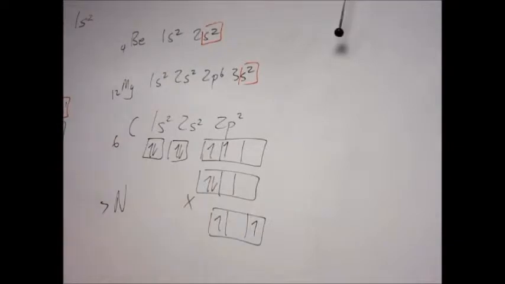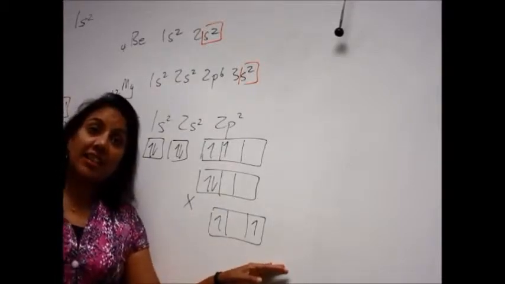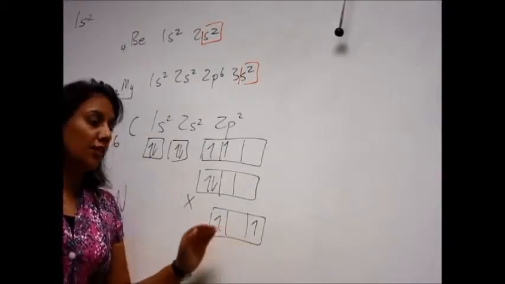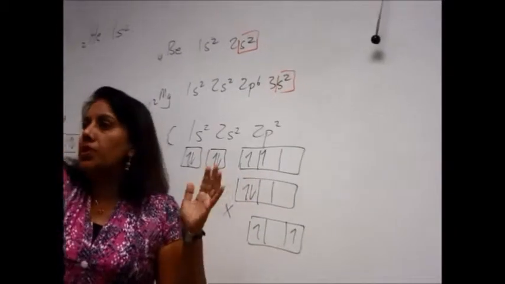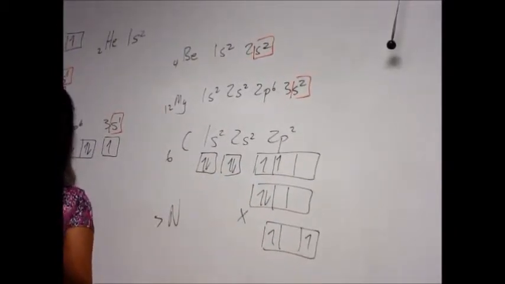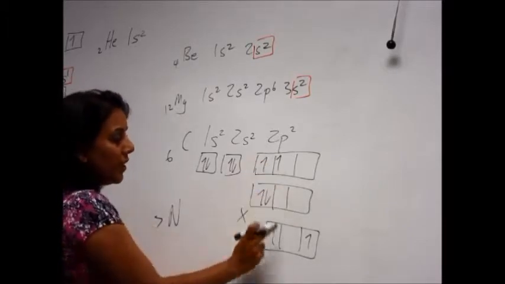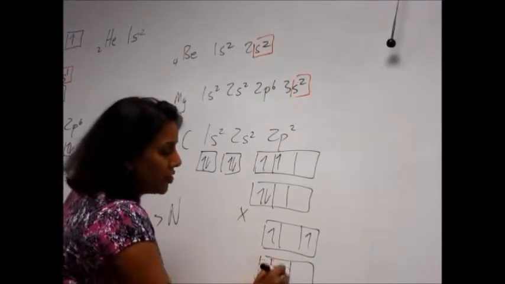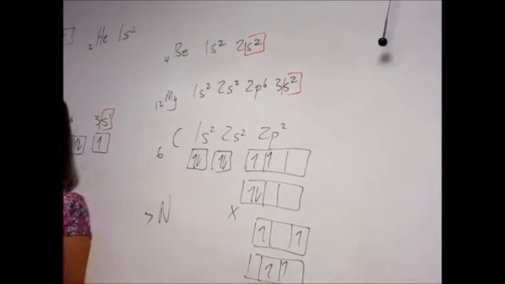No. Yes, you can, sure, why not? Remember, these 3 orbitals are exactly the same. So you can fill out the first one, second one, third one, whichever one. The thing is that they should be single. That's the important part. You can fill it this way, or the third combination would be this, and they're all fine.